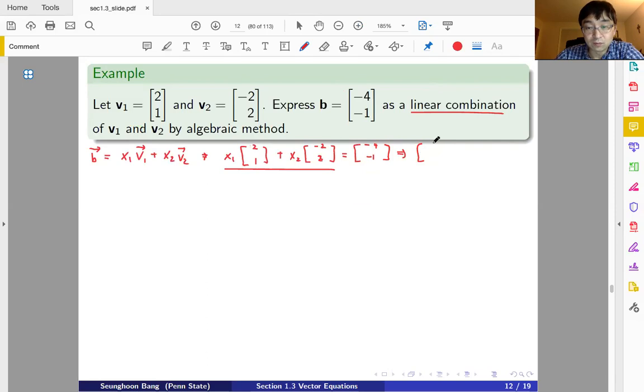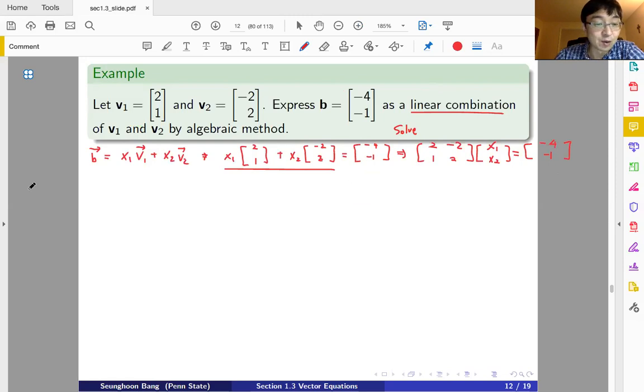The second column is negative 2, 2. This is x1, x2 equals (-4, -1). Exactly a linear system, Ax = b form. So how can you solve this equation? You have to solve this linear system for x1 and x2.